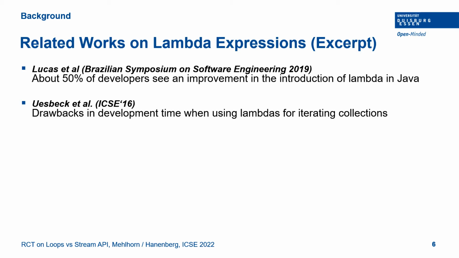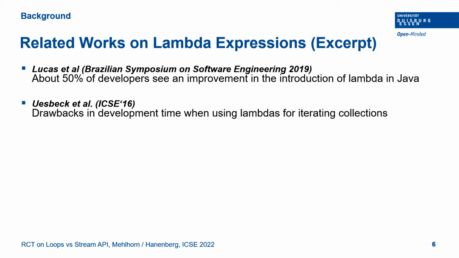In 2016, we find a more critical study with respect to lambda expressions, because Uesbeck et al. found out that if we iterate collections either using lambda expressions or for loops, the participants had drawbacks using lambda expressions.